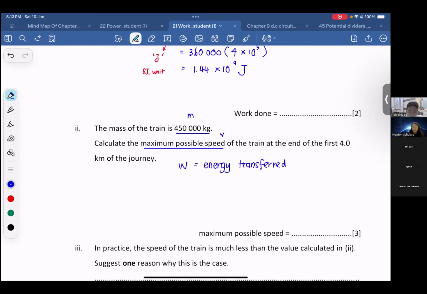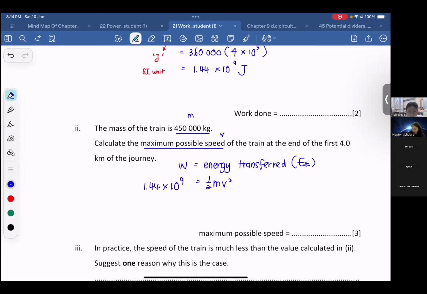So here, moving, possible speed. So what is the energy? Energy is 1 over 2 mv squared. It's the kinetic energy. So here, I know that this energy is actually kinetic energy. I got 1.44 times 10 power of 9 joule for the work done.